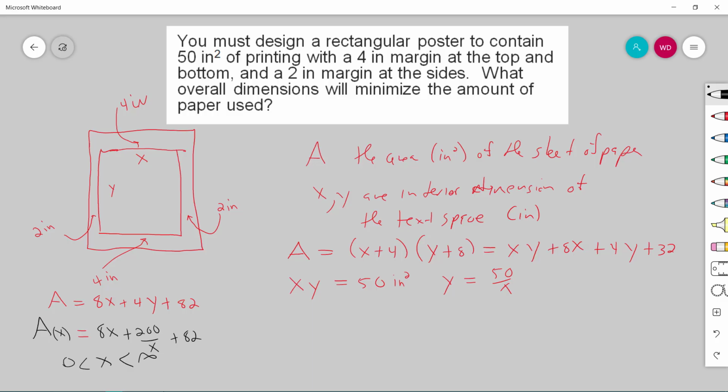To find the max or min, I'll just take the derivative. The derivative of this function would wind up being 8 minus 200 over x squared. As I normally do, I'll solve when that derivative is equal to 0.